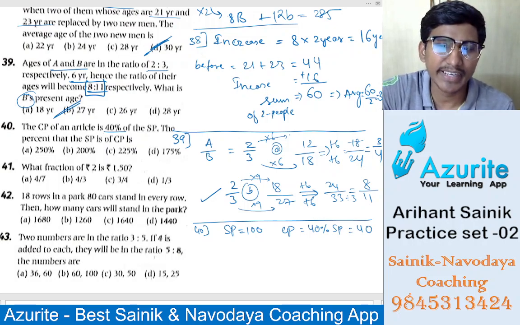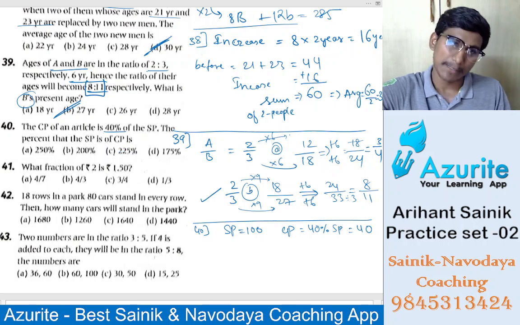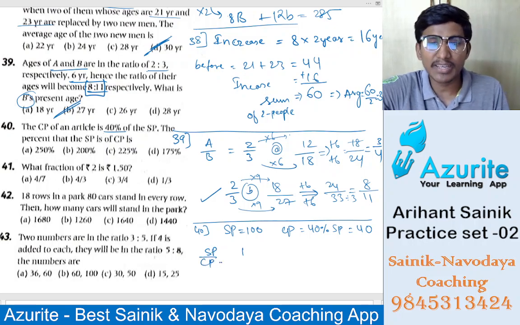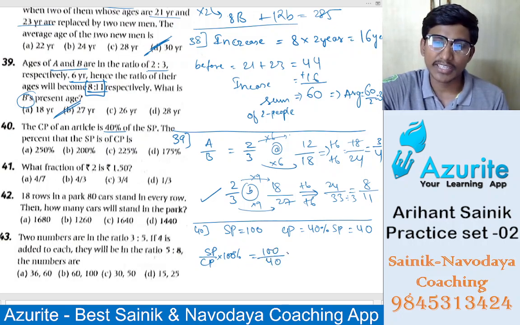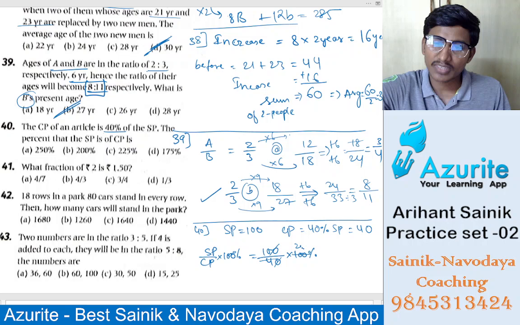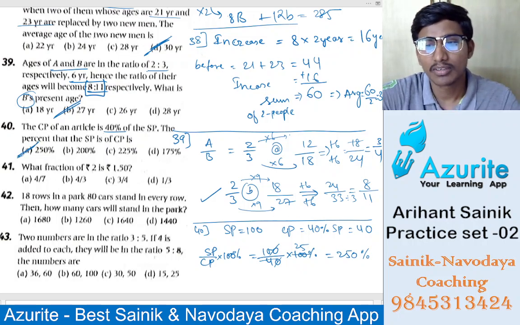So then the percent that SP is of CP: SP by CP into 100%. Selling price 100 divided by cost price 40 into 100%. 0 0 cancel, so 25 tens are 250%. Option A.